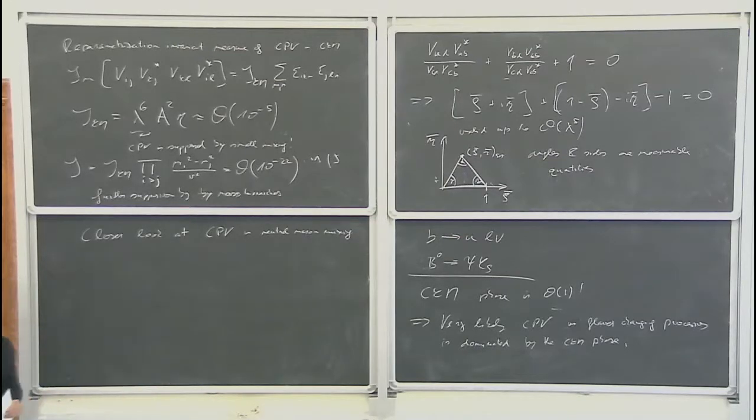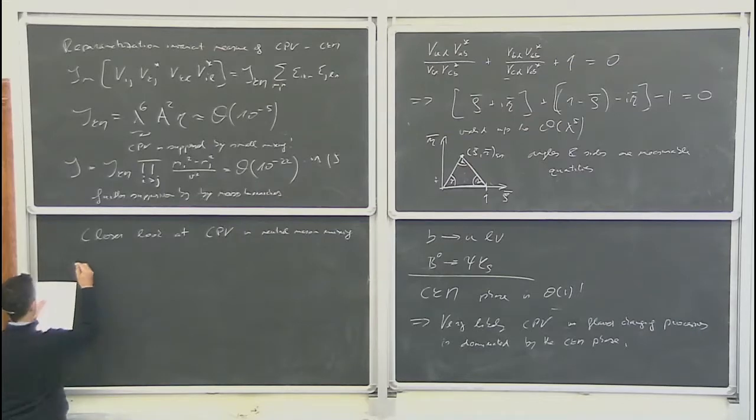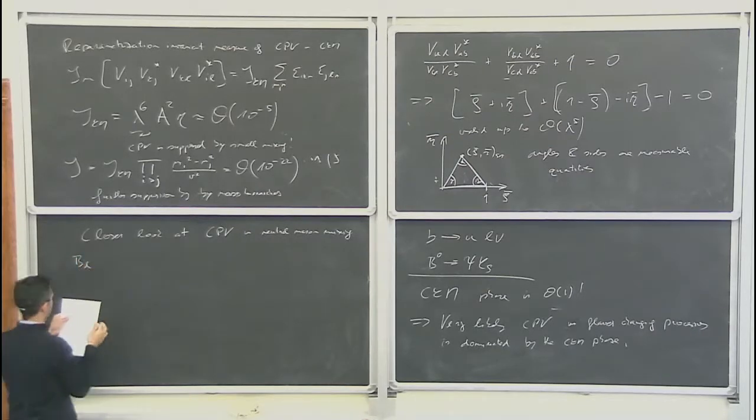And for simplicity, we'll focus on the B_d system, and then later we'll generalize to all the other two neutral meson systems. So we'll start with the B_d system.